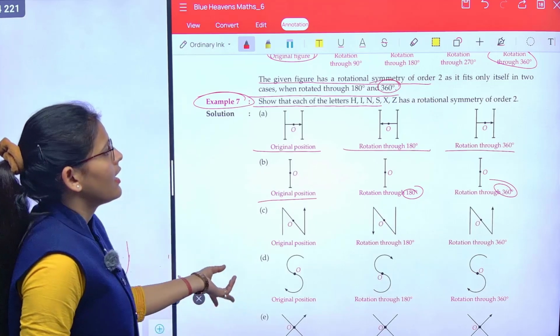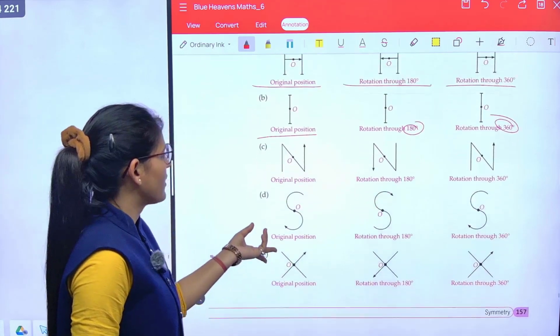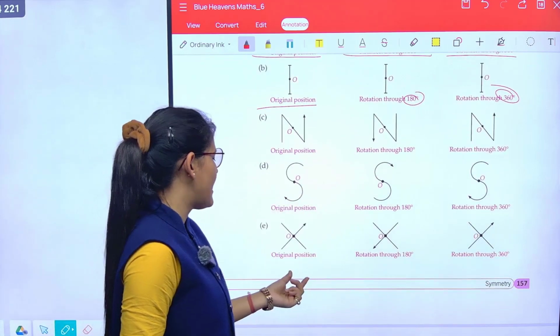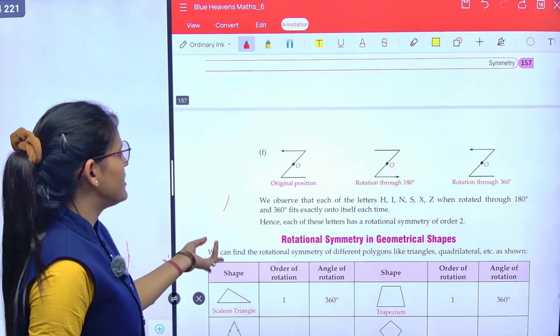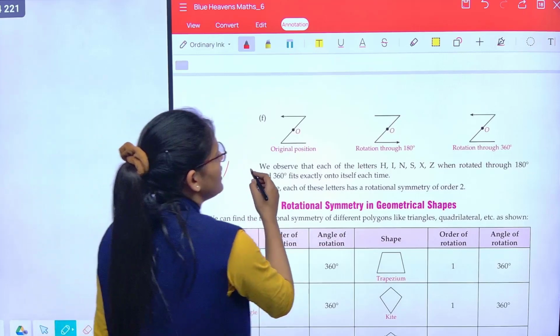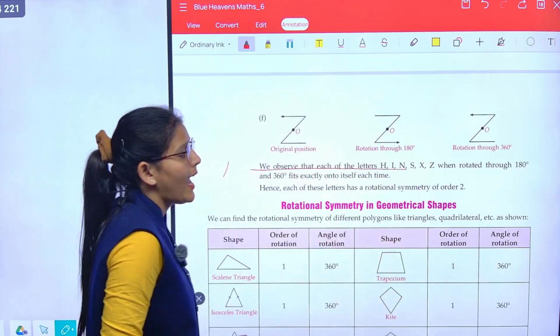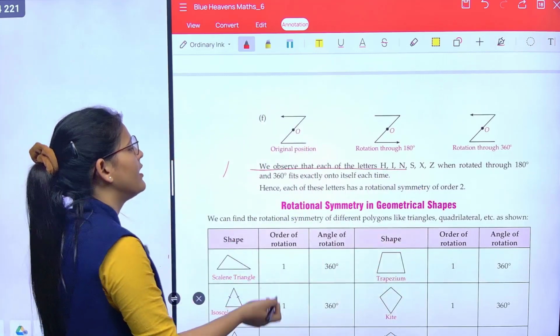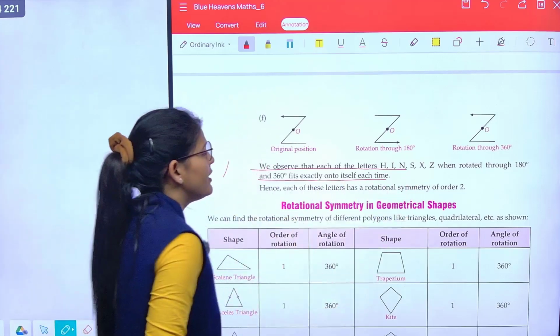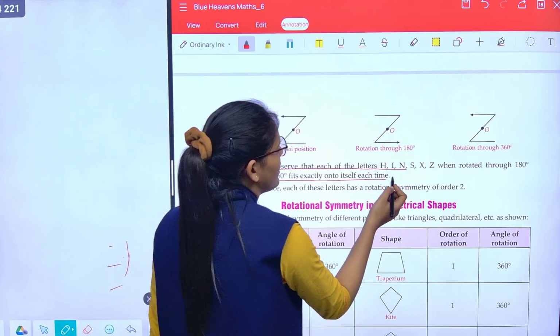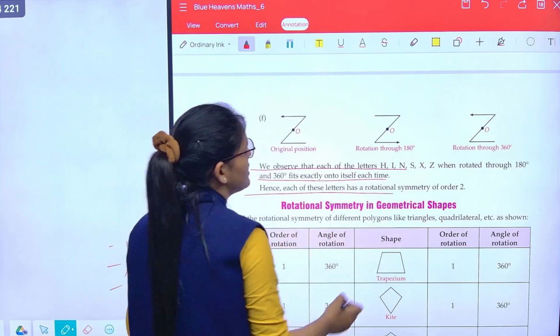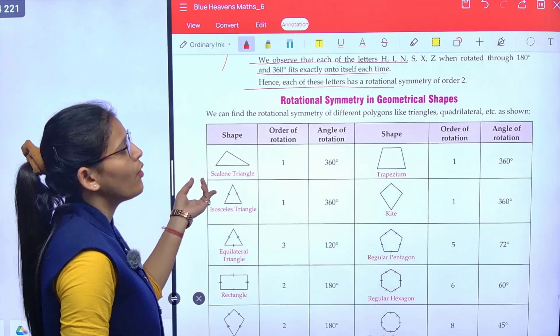Now class, N, S and X: rotation 180 degrees, 360 degrees. You can see here. We observe that each of the letters H, I, N, S, X, Z when rotated through 180 degrees and 360 degrees fits exactly onto itself each time. Hence, each of these letters has a rotational symmetry of order 2.